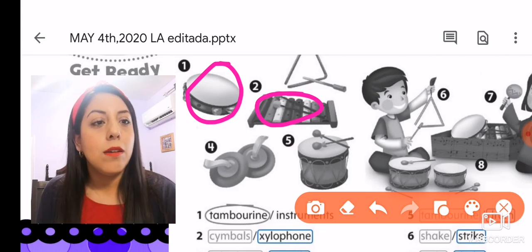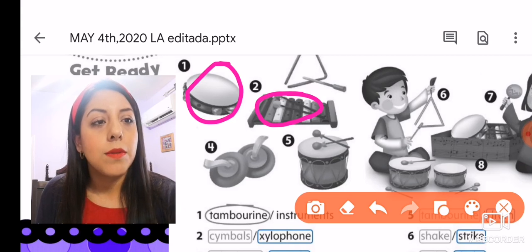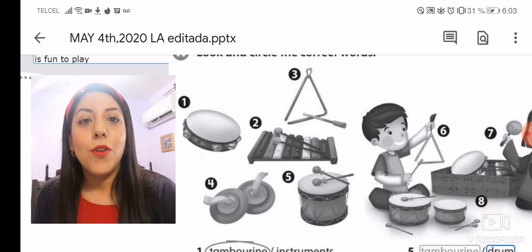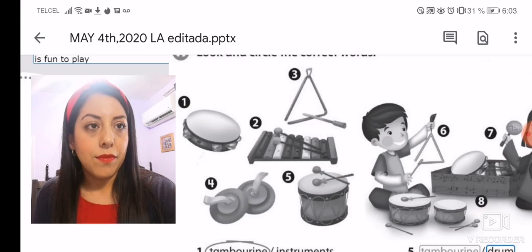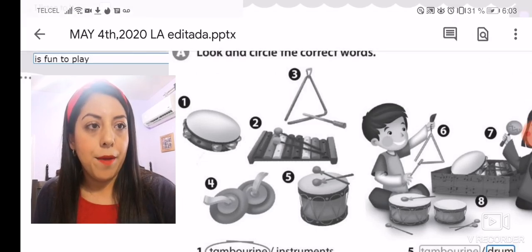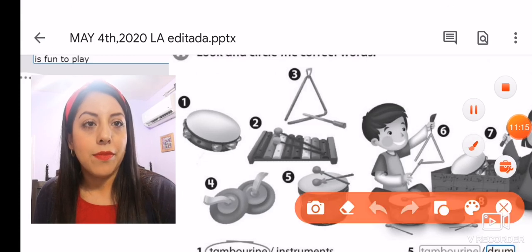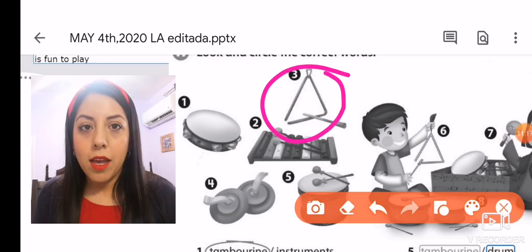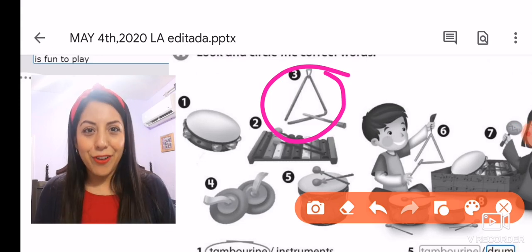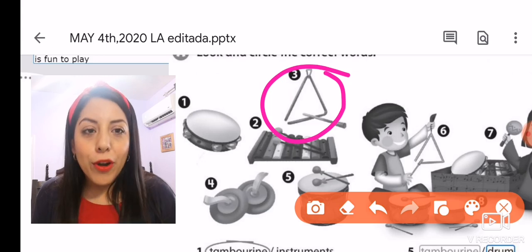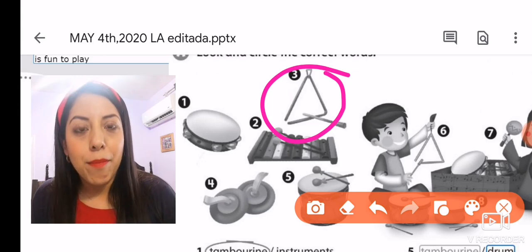Number 3, oh, where is it? I cannot see it. What is the number 3? Oh, it's right here. Number 3, hold on, fixing my screen, 1 second. The number 3 is a triangle. Triangle. Triangle.